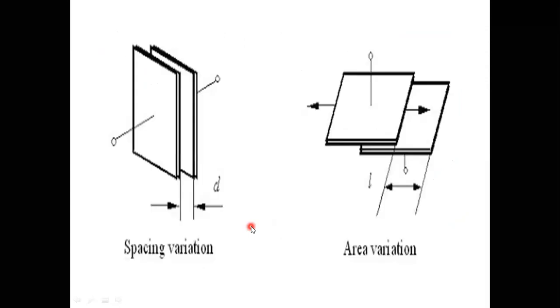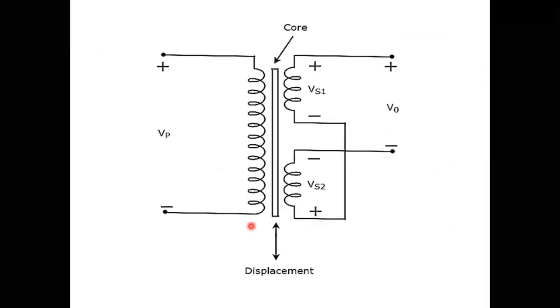Now moving to inductive transducers. Already we have told several times about this LVDT. It's an excellent transducer to measure displacement. So this is the core. I'm giving displacement to the core, or the core is attached to a material whose displacement I want to measure.